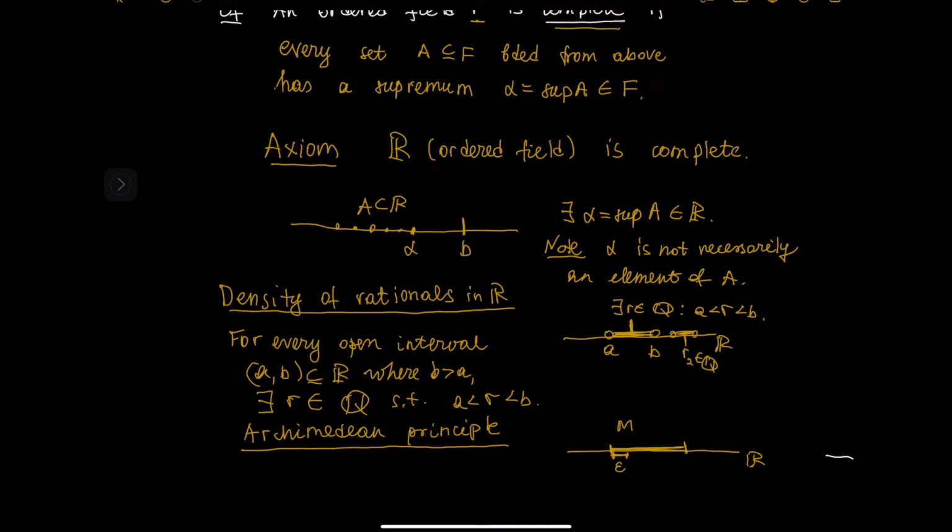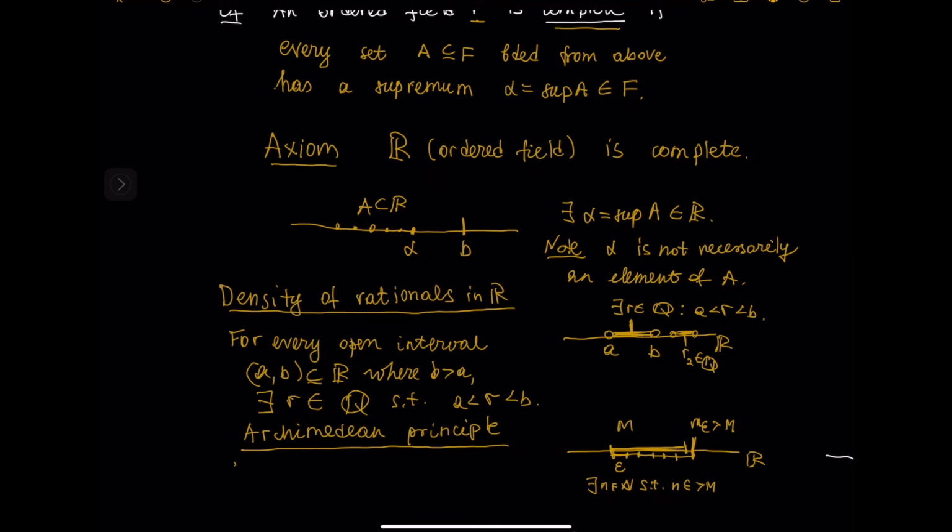So the Archimedean principle says that there exists a natural number n such that n epsilon is greater than m. So in other words, I can take this interval and repeat it n times in such a way that n times epsilon is going to be greater than m.